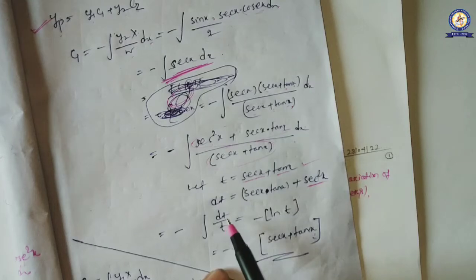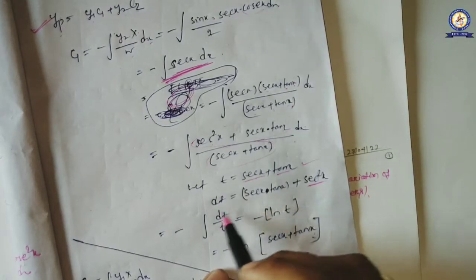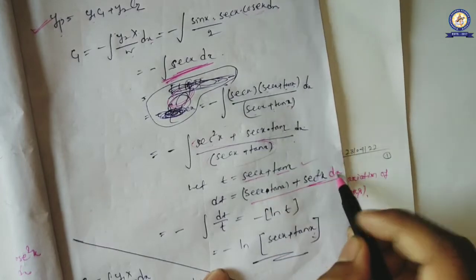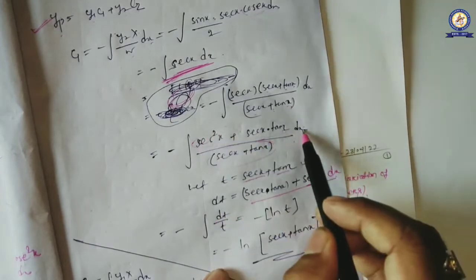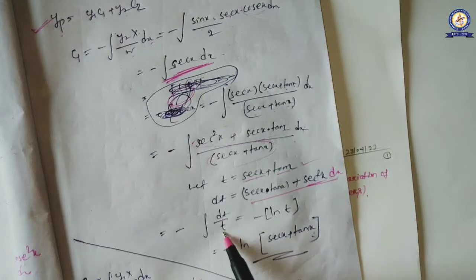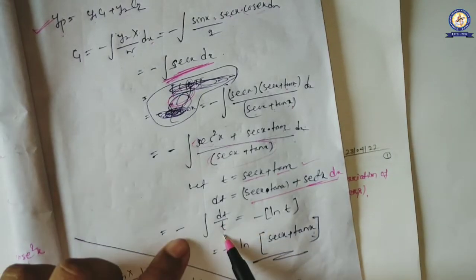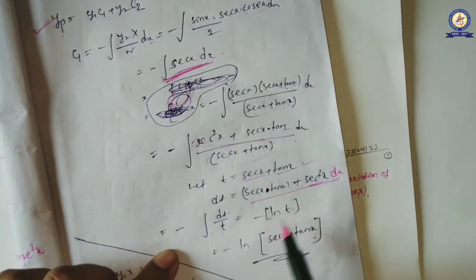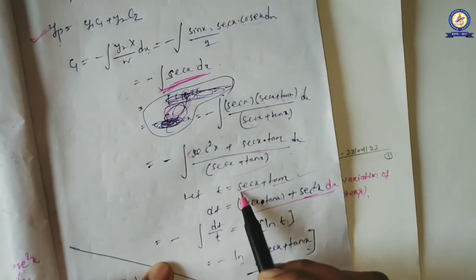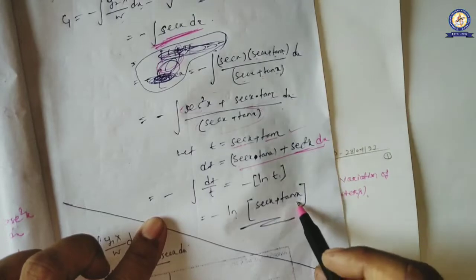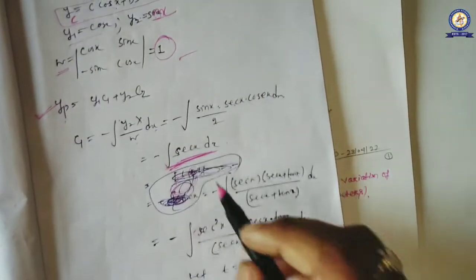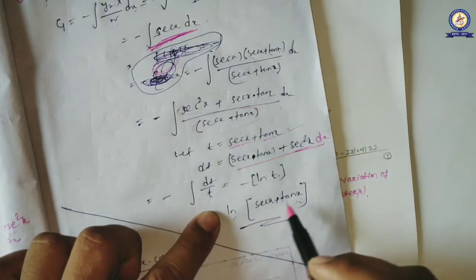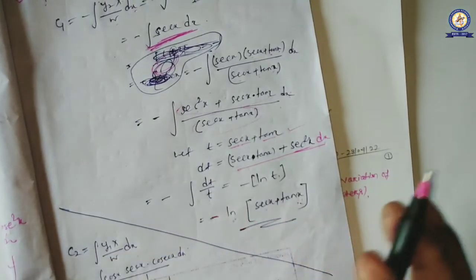So we can write dt is this much into dx. So instead of this into dx, we can write dt by t. So the integration of dt by t is ln t. So minus is there: minus ln t, and ln t is nothing but sec x plus tan x. So the integration of sec x is ln of sec x plus tan x, and minus is there, you have to put minus.